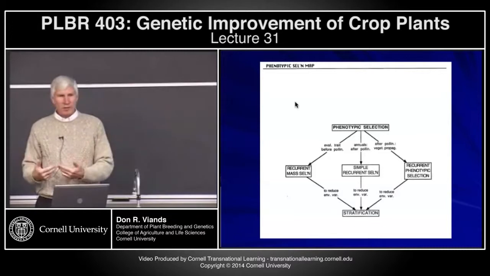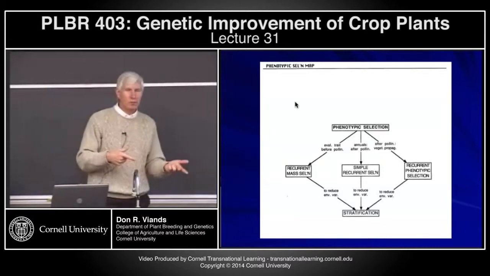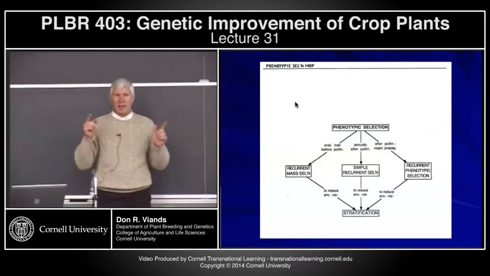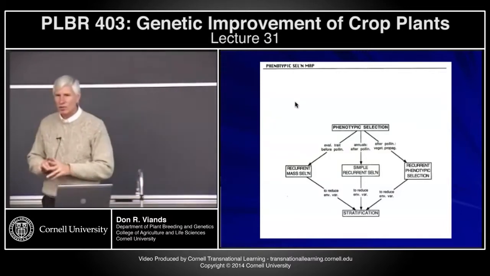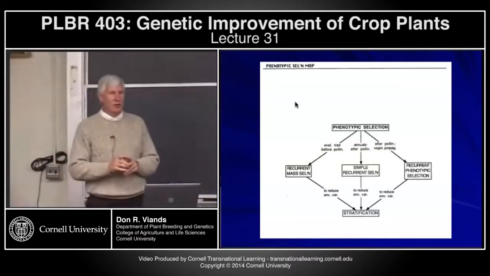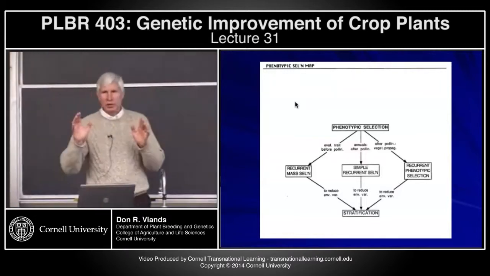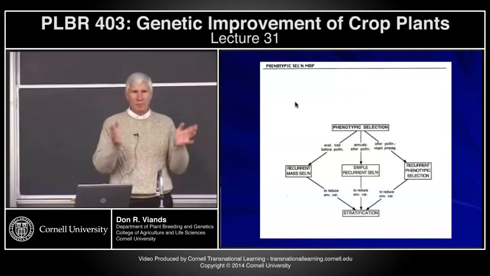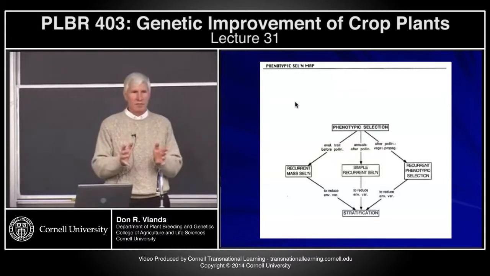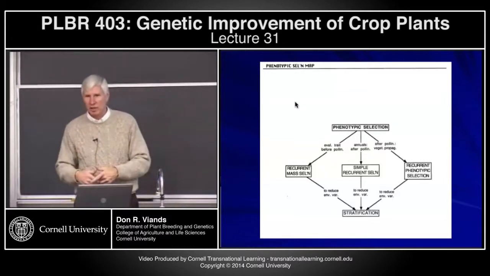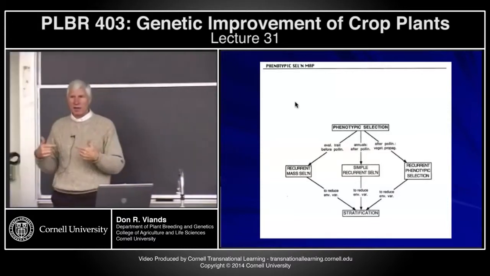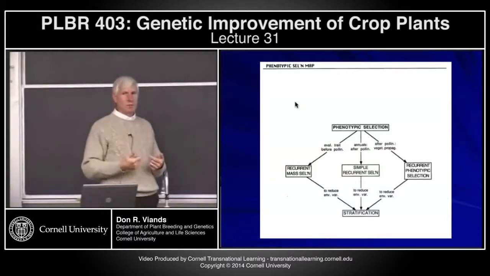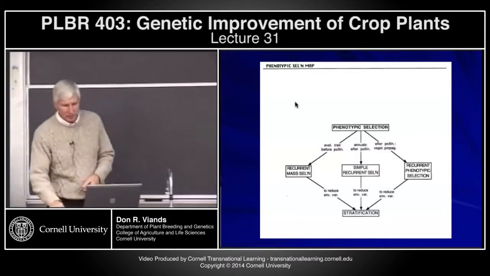So there are different things that you can do with different crop species to modify these methods to work for your advantage. Those are the kinds of things that I really want you to know. I don't expect you to be able to regurgitate what a particular breeding method is, but if you know the principles that we're trying to cover, and I keep going over and over again with you to be sure it's ingrained in your mind, then you'll be able to modify any one of these methods to your advantage in the future.